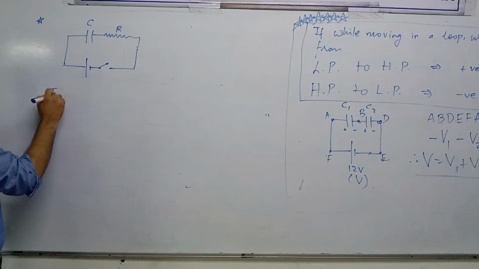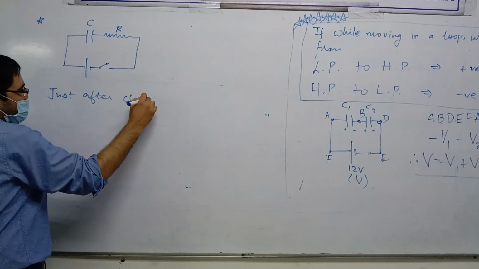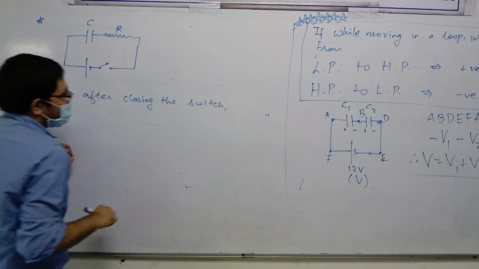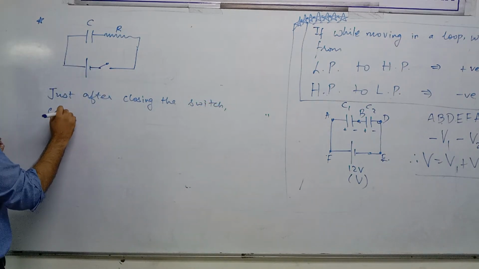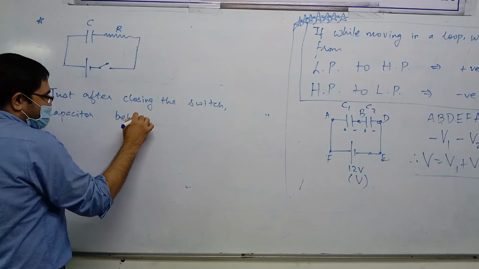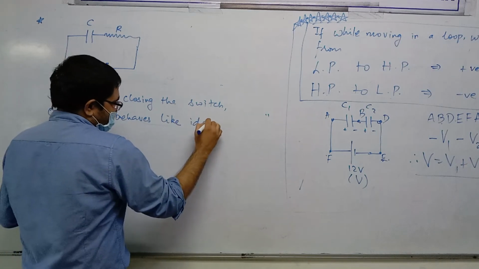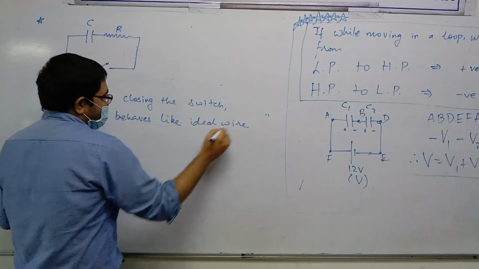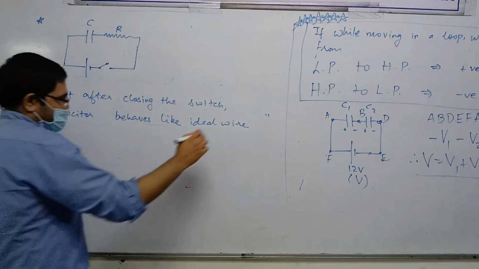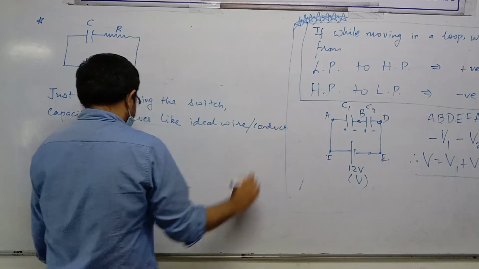Just after closing the switch, the capacitor behaves like an ideal wire. Ideal wire means it allows current to flow very easily, or you could say it behaves like an ideal conductor.